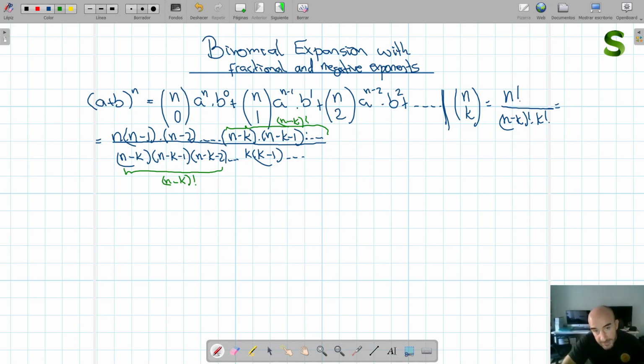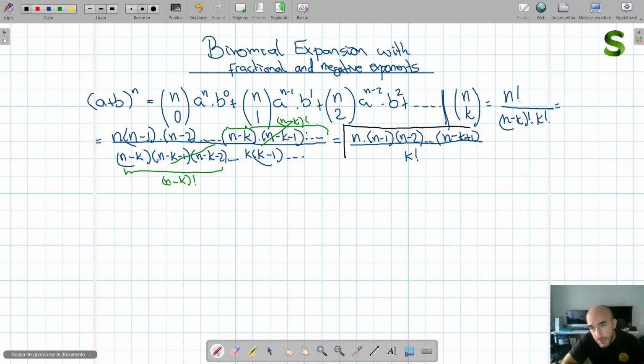So you can basically divide that into that, and we're left with n times n minus 1 times n minus 2 times up until, not n minus k, but the next one, which is n minus k plus 1. So it's n minus k plus 1, divided by k factorial.